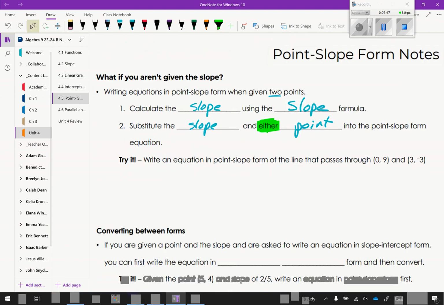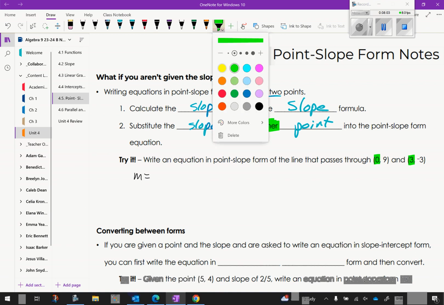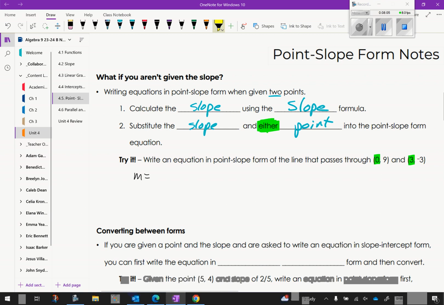Write an equation in point slope form of the line that goes through 0, 9, and 3, negative 3. So step 1 is we need the slope formula. So again, remember, we're going to match up x with x. We're going to match up y with y, and we're never ever going to put together an x and a y. So say second minus the first, careful of your negatives.